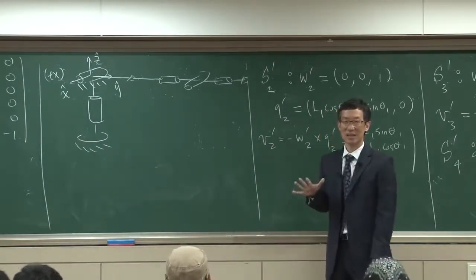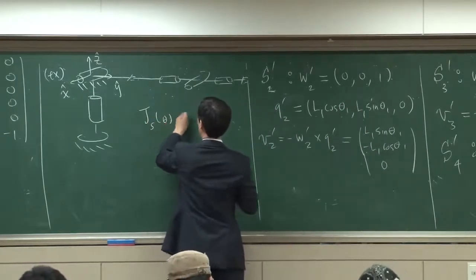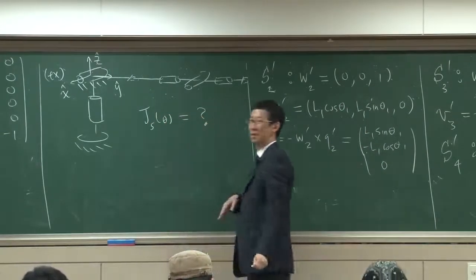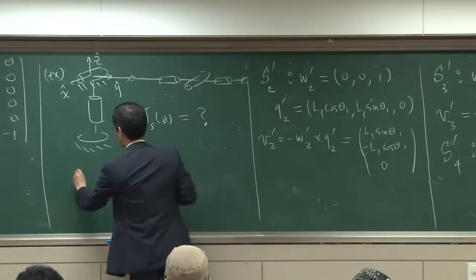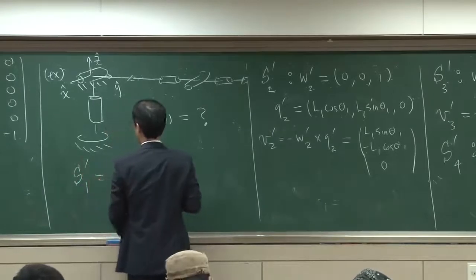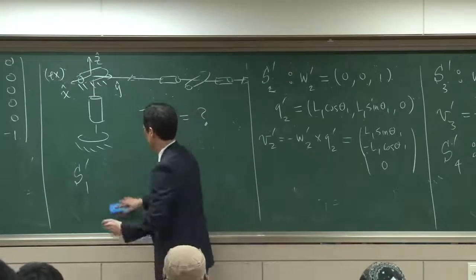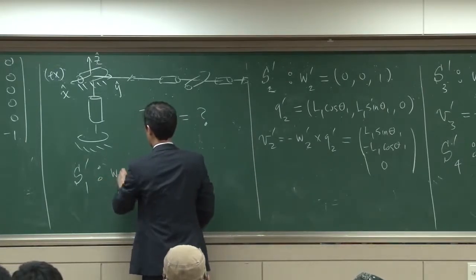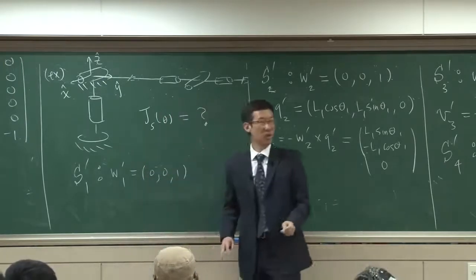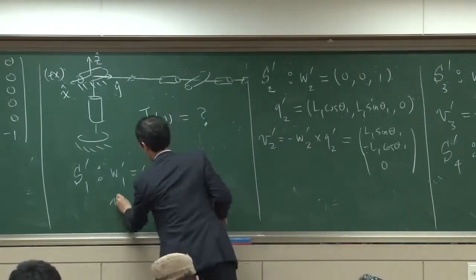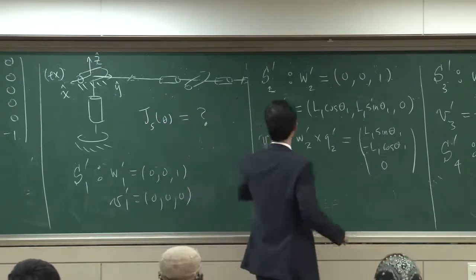So you get the idea, right? Okay, let's find J sub s. Okay, first column. S1 prime. Well, omega 1 prime is z-axis. Okay, v1 prime is just 0. Okay, that part was easy.